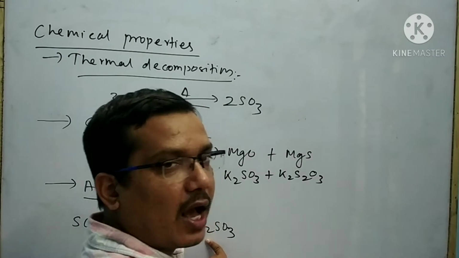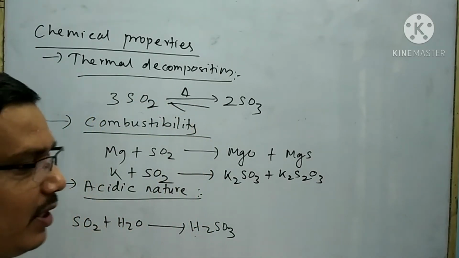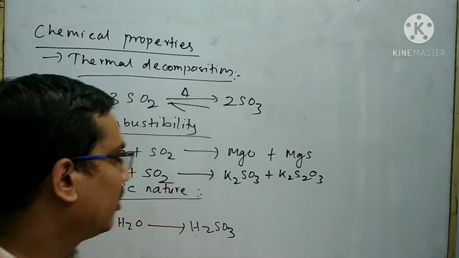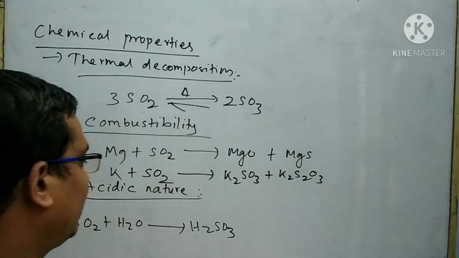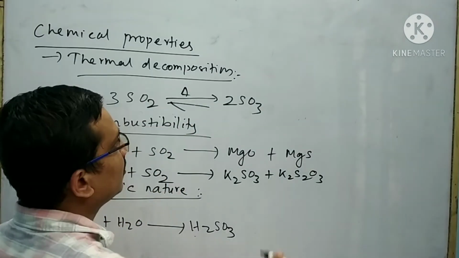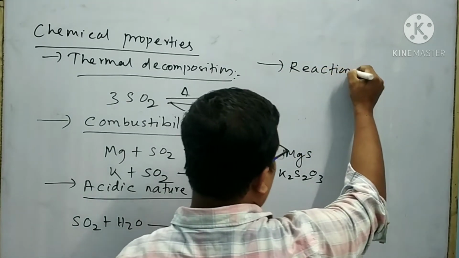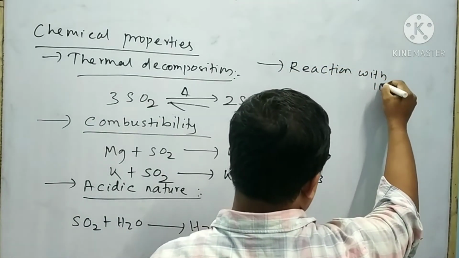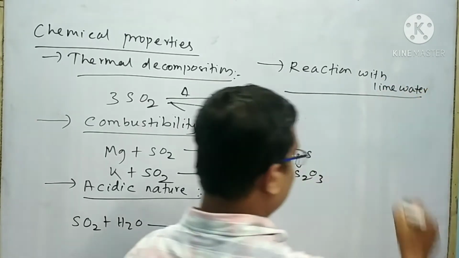This is highly unstable, so it undergoes dissociation, producing 2H plus ions. That's why it shows acidic nature. Next is the reaction with lime water. It is a very important reaction.